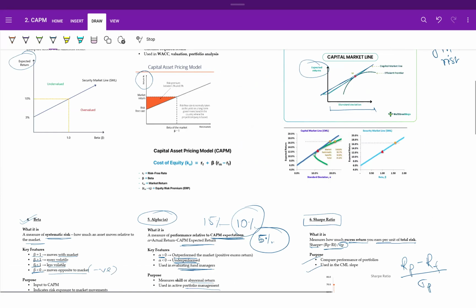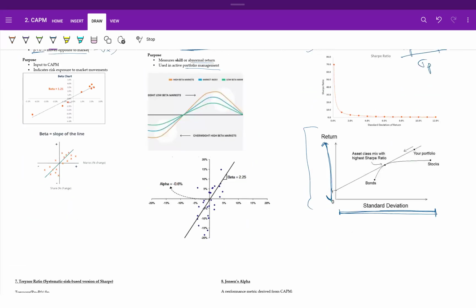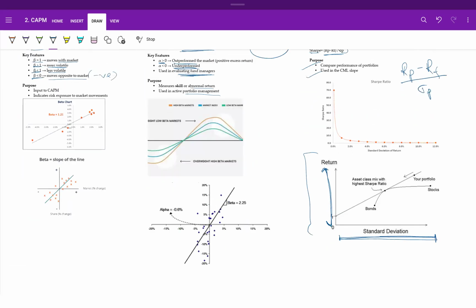So whether it's systematic, unsystematic, or total risk, the x-axis represents the risk.